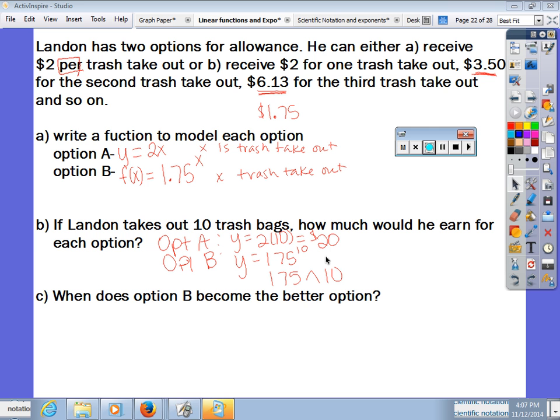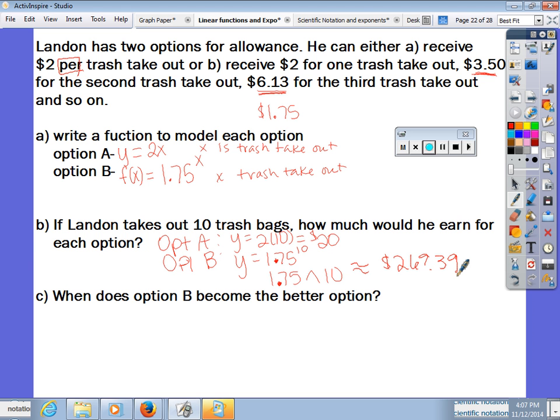But remember, we're talking about money, so we're going to round it to the hundredths place. So I would get about $269.39.